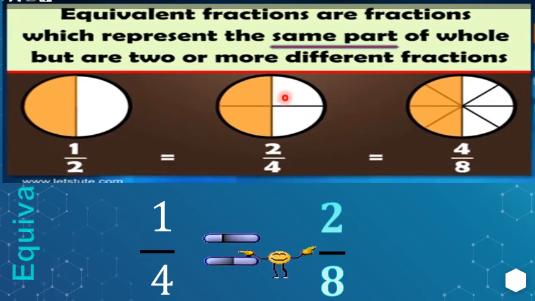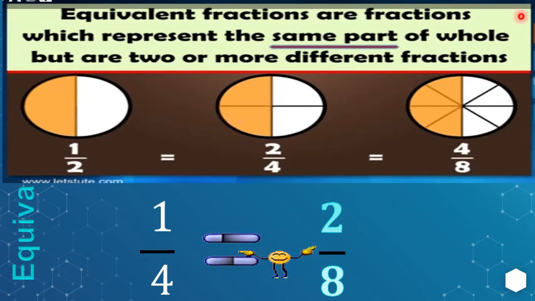In the second circle, the half part is shaded, but the total number of parts is 4, so the fraction is 2 by 4. So we can say 1 by 2 is equivalent to 2 by 4, and you can see in the figure also the half part of both circles is shaded.